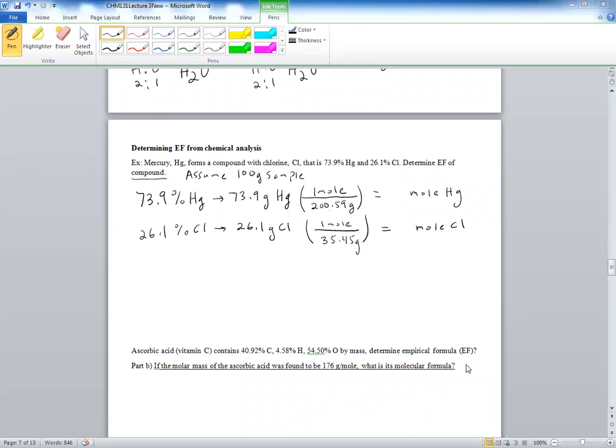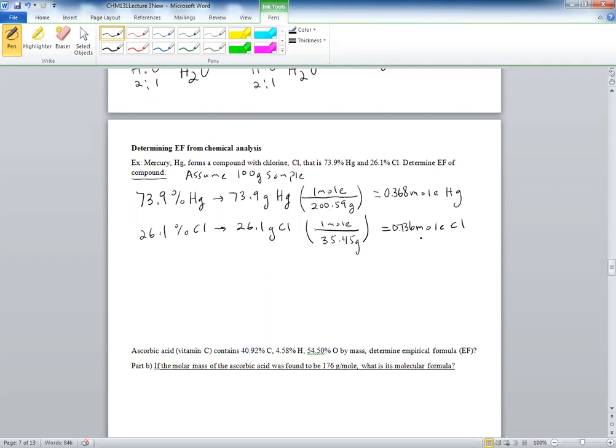So you take 73.9 and you divide by 200.59, and that would give you, since we need 3 sig figs, 0.368. And 26.1 divided by 35.45, that would give us 0.736 for chlorine. Okay. So what do we do next?